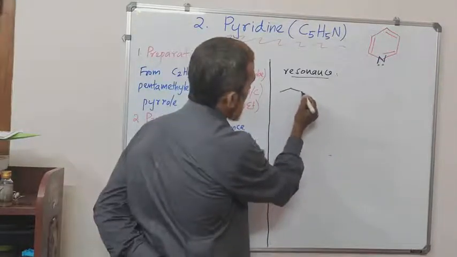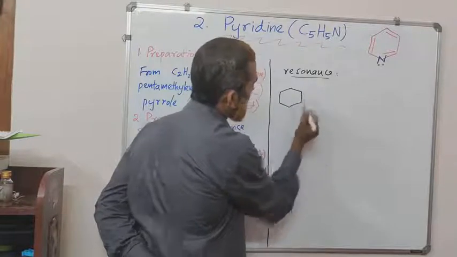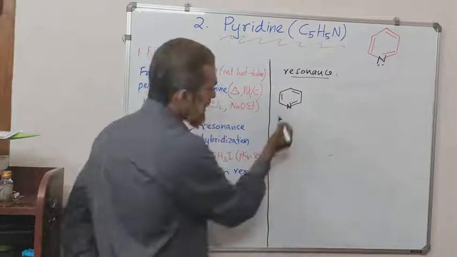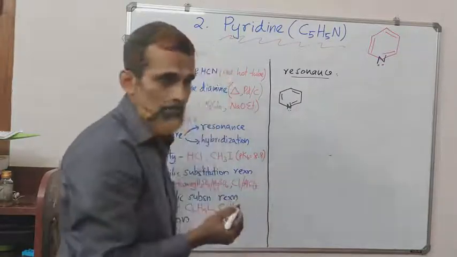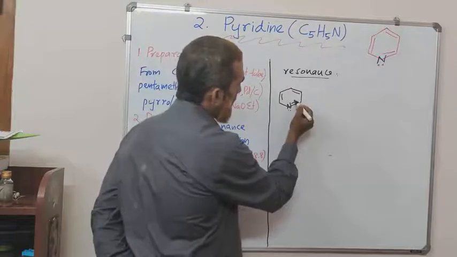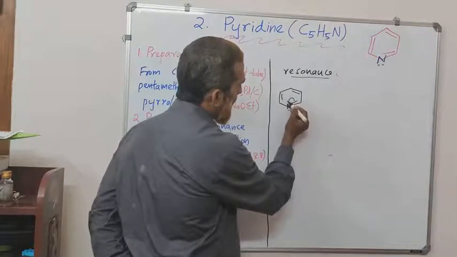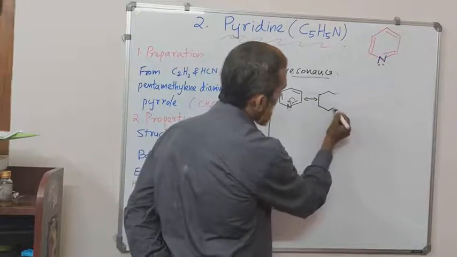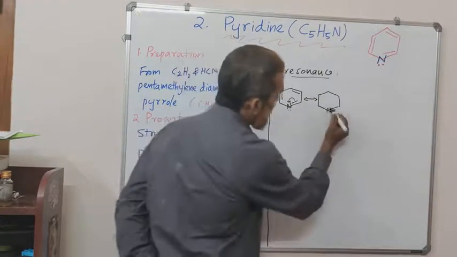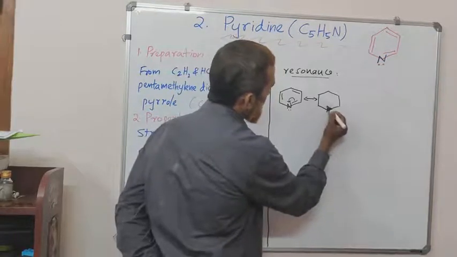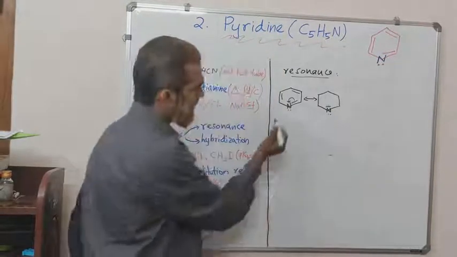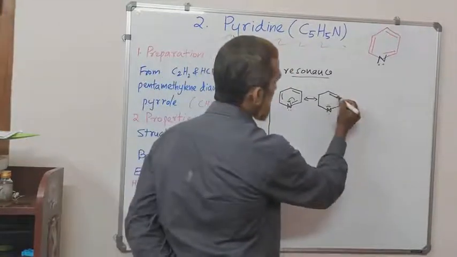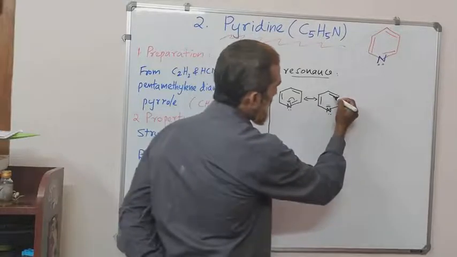Now look at this, how we draw resonance structures of pyridine. What happens is that, see, nitrogen has a lone pair. Now this pi bond shifts to nitrogen, and we get the second structure. You get a negative charge and lone pair, isn't it? Due to shifting of this pi electron, this carbon becomes positive, and now this will repeat.